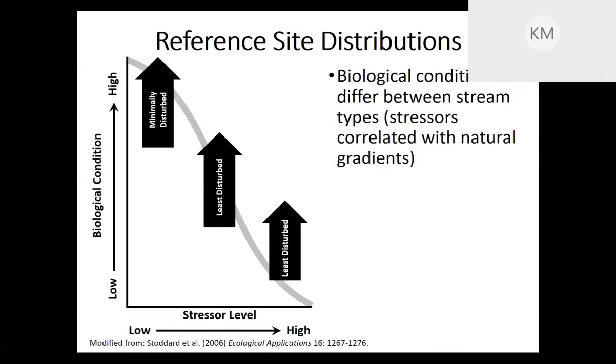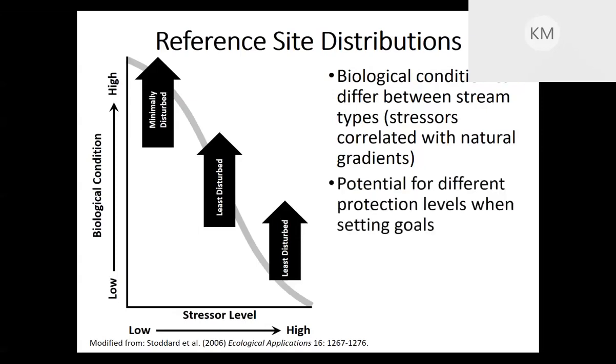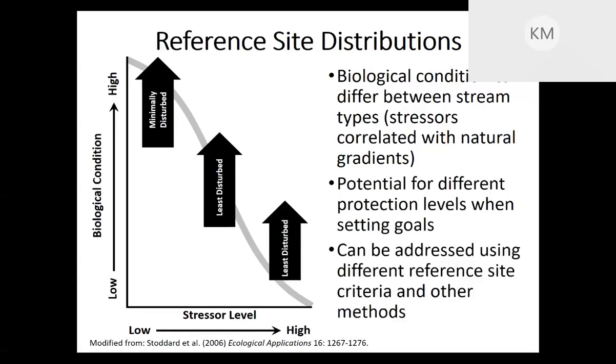But as you move into the more heavily disturbed watersheds, your biological condition is probably more in the least disturbed range, which means if you're using those populations of sites to set your thresholds, they're going to mean something different depending on where you are in the state. And so we wanted to avoid having these different protection levels when we set these aquatic life use goals.